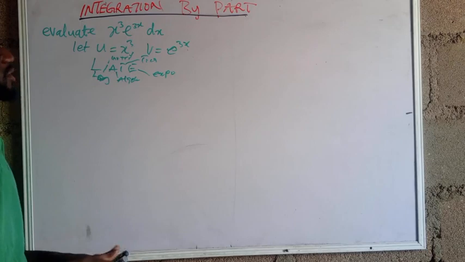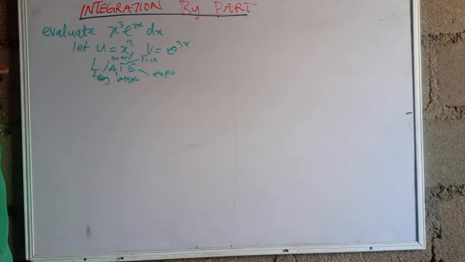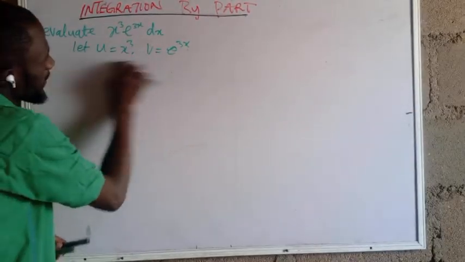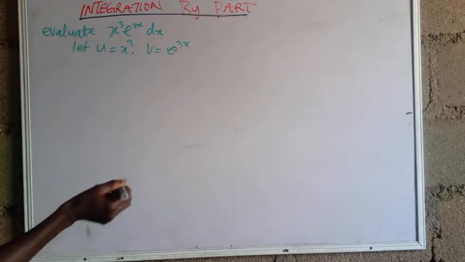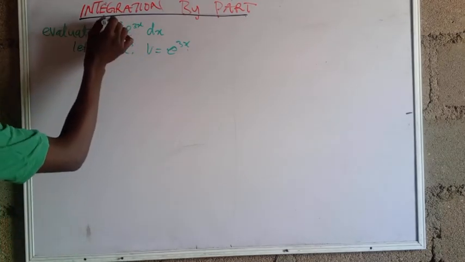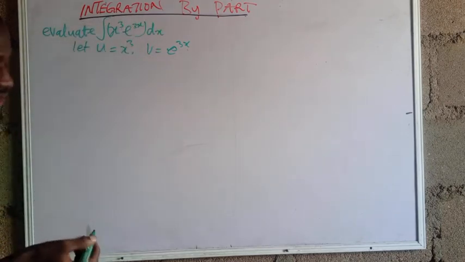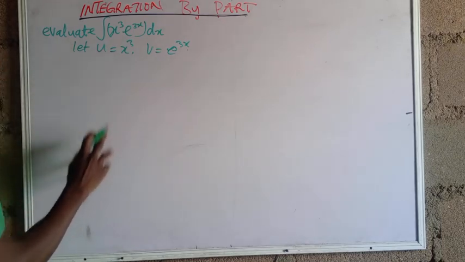Remember that you are going to solve this one by parts. Okay, let's continue. The next thing to do, we're going to plug this into the integration, since we're going to integrate by parts. Then we're going to differentiate u here.